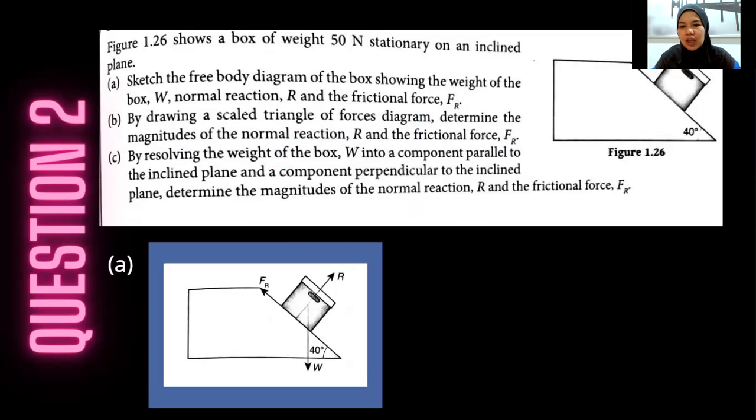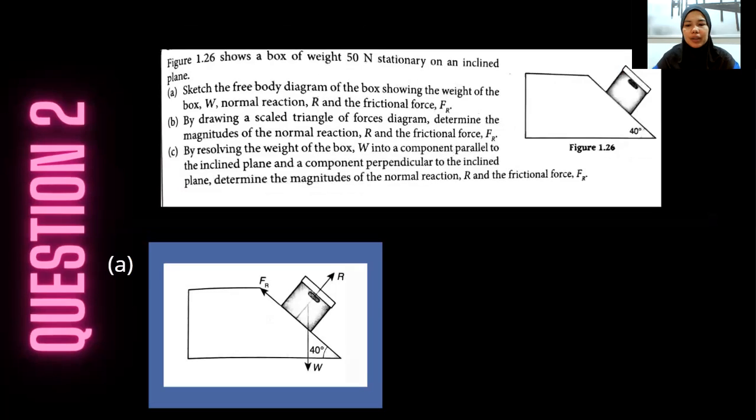If the magnitude of forces is bigger, the line will be greater. Then you have to make sure your scale is correct. Then you will draw a correct triangle.